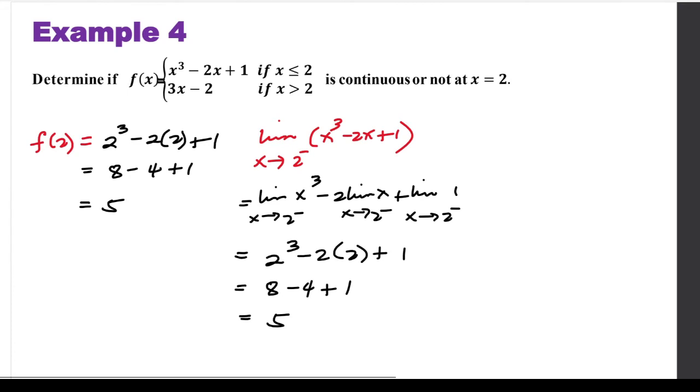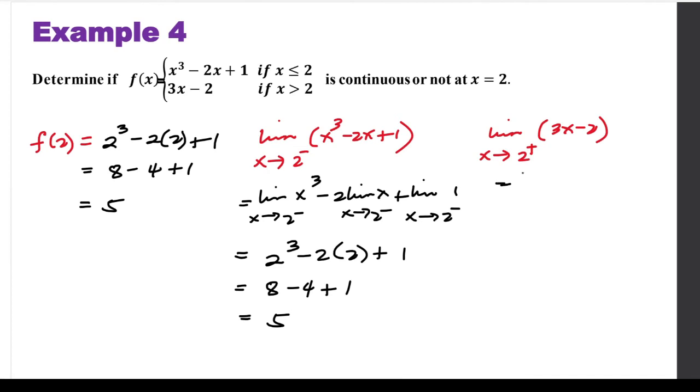Now let us try to get the limit of the function as x approaches 2 from the right. We're going to use the second function now because of this restriction, which is x is greater than 2. So we have 3x minus 2.